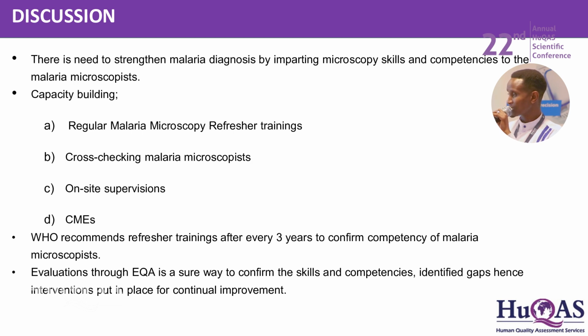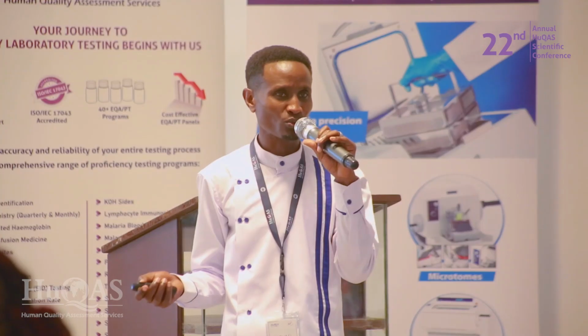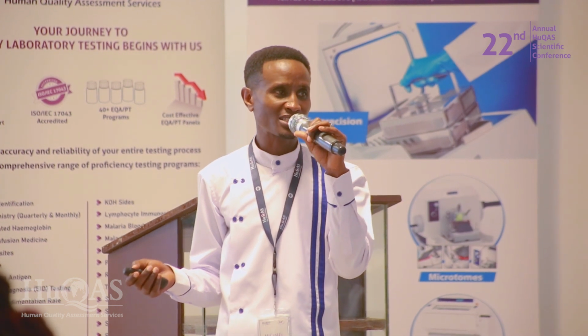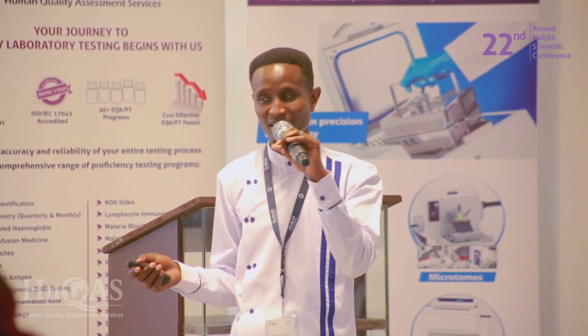How can we do that? Through regular microscopy trainings. Even WHO says we rust after every 3 years, so after every 3 years you go and defend your level 1 or level 2. Those who support that kind of exercise know this very well. So we rust even in our practice, and we need refresher trainings now and then.